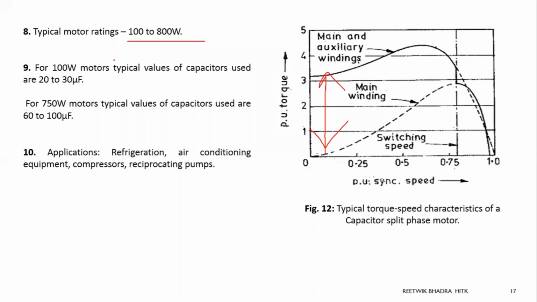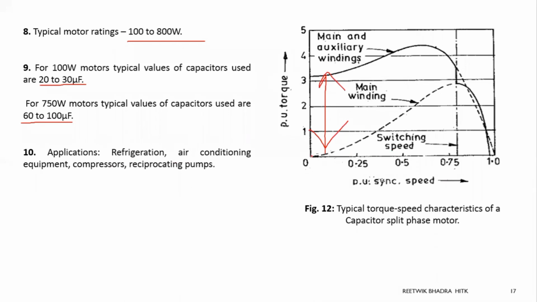Generally for a 100 watt motor, if you design the capacitor, it ranges from 20 to 30 microfarad. And if you are using a 750 watt to 800 watt motor, then its range is 60 to 100 microfarad. What are the applications? All normal applications: refrigeration, compressors, air conditioning, everywhere. So you see over here again the same thing.